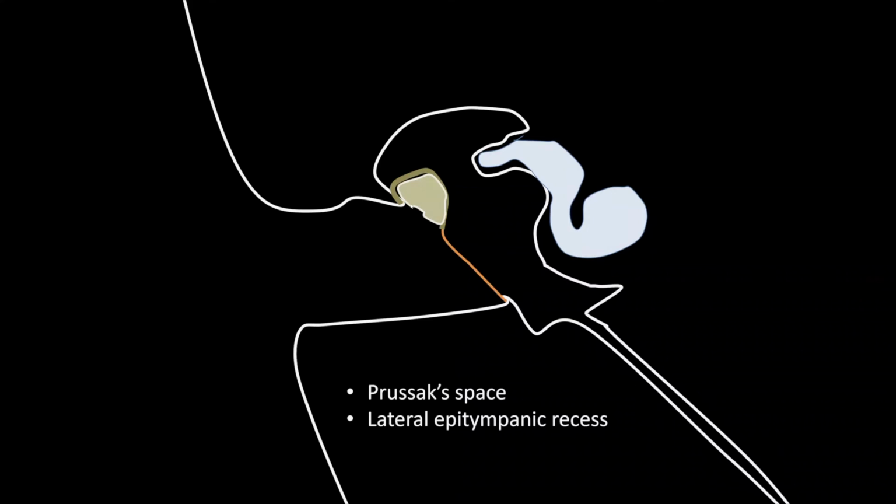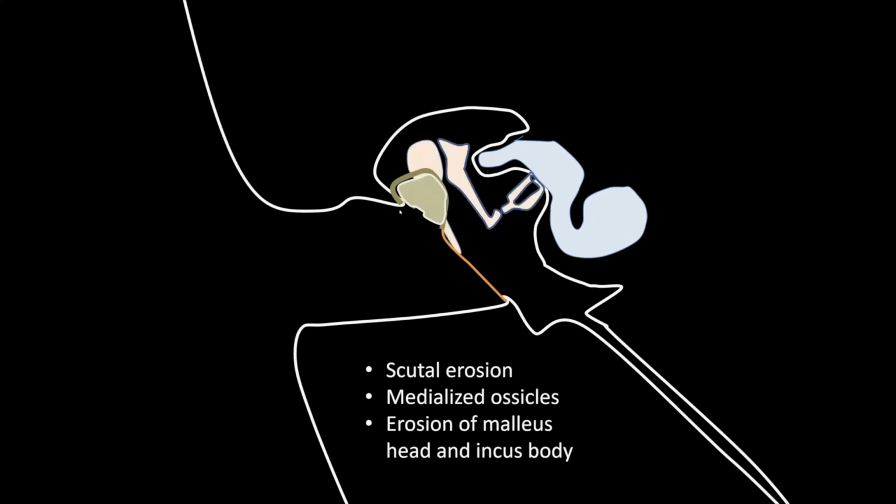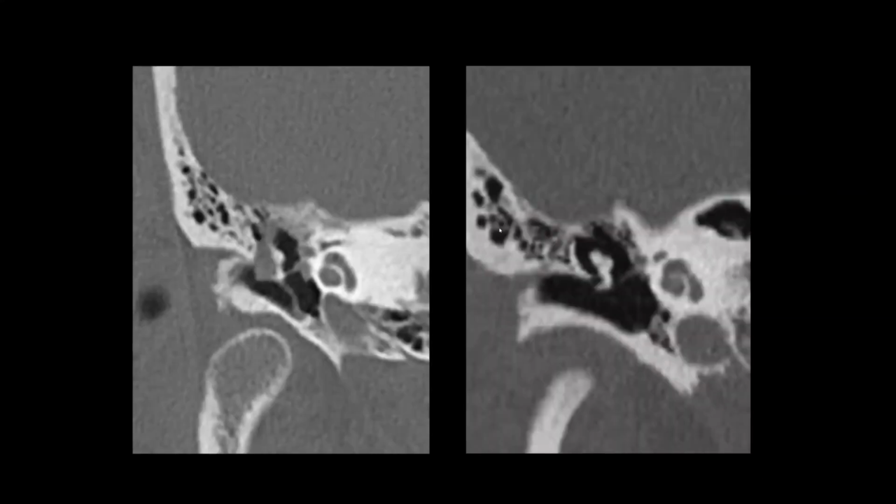And because of that location of the pars flaccida portion of the membrane, these pars flaccida cholesteatomas will typically be located in Prussak space, which is that portion of the superior lateral mesotympanum near the pars flaccida, and then the lateral epitympanic recess just above it. And then because of this typical location, you typically see erosion of the adjacent scutum as well as the adjacent ossicles.